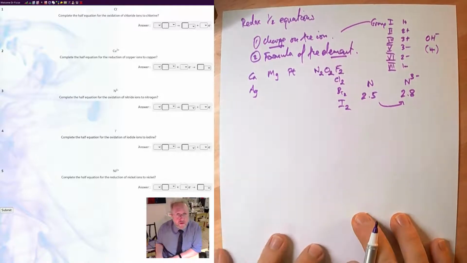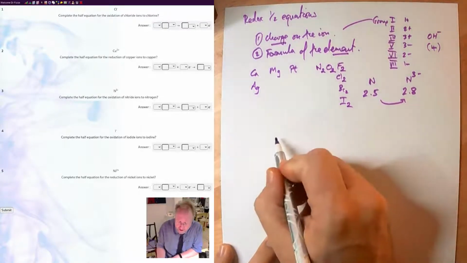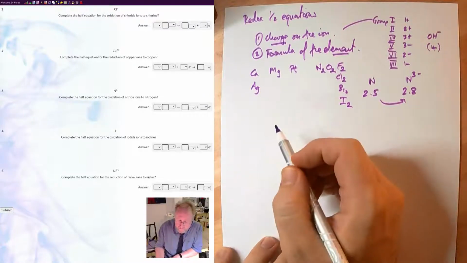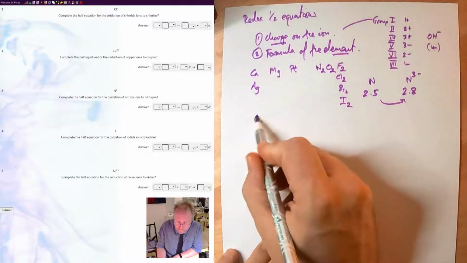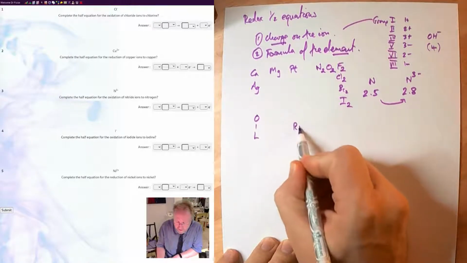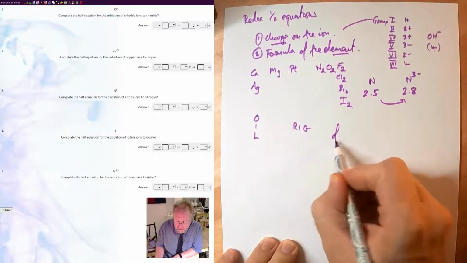Okay, so how to write these things? First of all, oil rig. Oxidation is loss, reduction is gain of electrons.